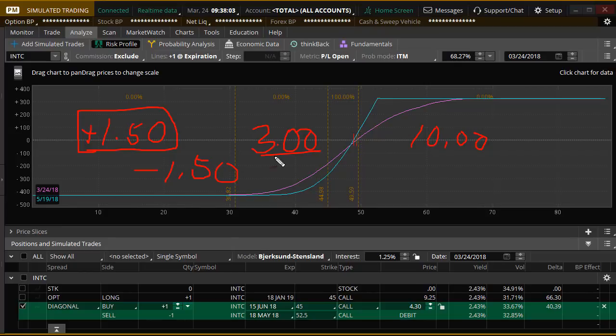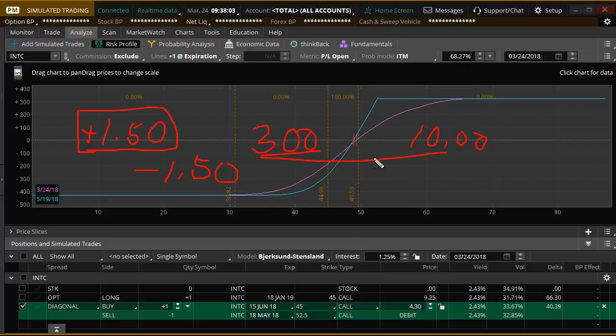In a situation like that, what's going to happen is you will either get called away on the trade, an early exercise prior to expiration, or at expiration, you will get called away. And again, all you have to do when you get called away, you have the right here to buy the stock at 45. If someone calls your position at 52.5, you just exercise your right at 45 to buy it.